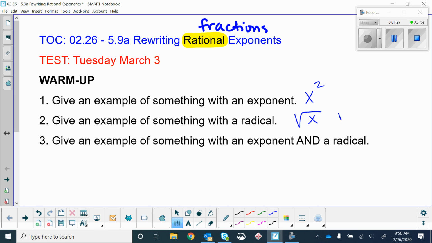Exactly. If it's a cube root, you want to write it. If there's a fourth root, you want to write it. The square root really means there's a 2 there, but it's such a common root that we just don't have to write it.